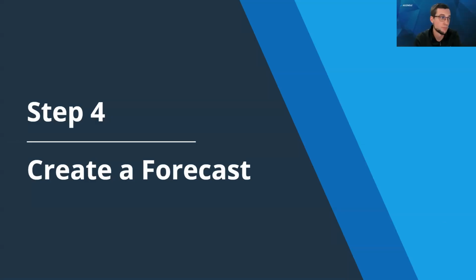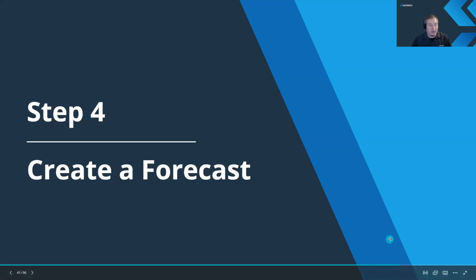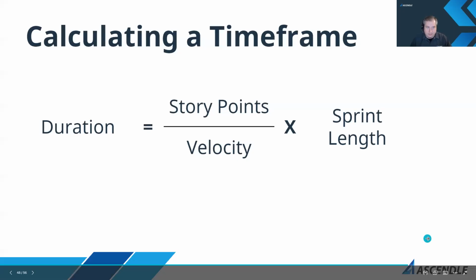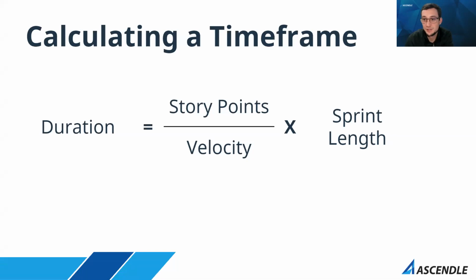Cool. So now that we know roughly what our velocity is and roughly what our backlog looks like, we can start turning that into a rough estimate of time. We're going to get some math here, so bear with me if you're not a math person. We do story points over velocity, times your sprint length.